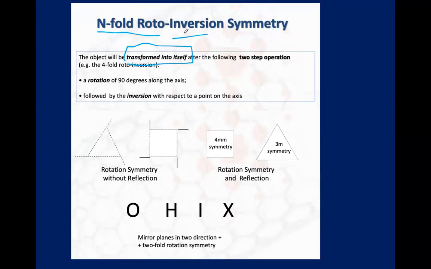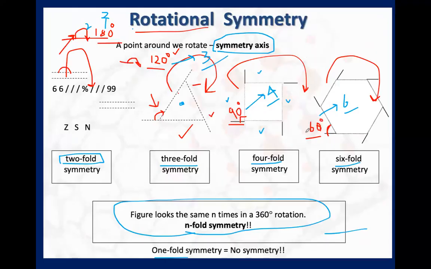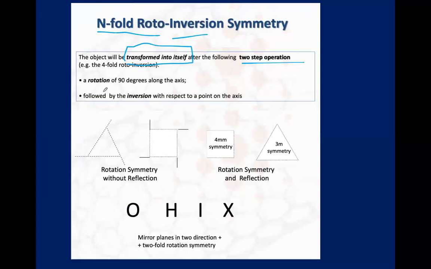After the following two-step operations, if you consider the four-fold symmetry, for example, if you rotate it 90 degrees first, along the symmetry axis, and then you have to do the inversion with respect to a point of the axis, right?